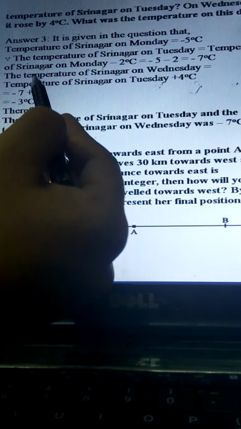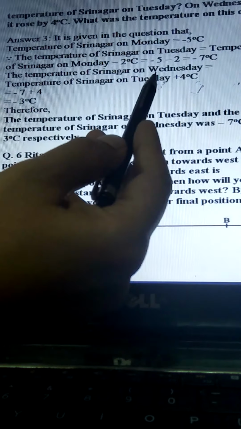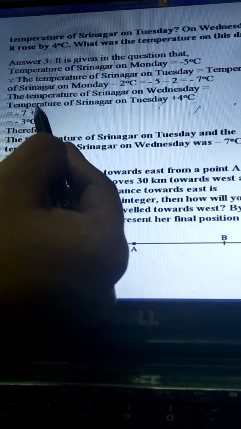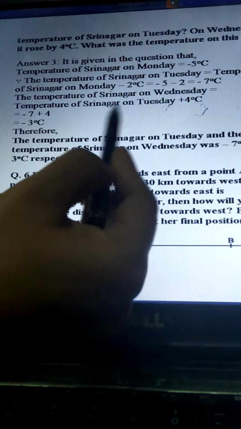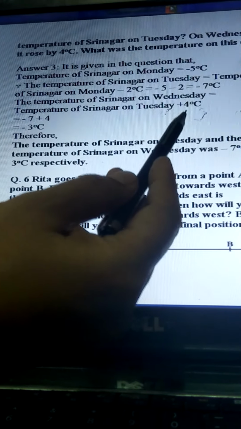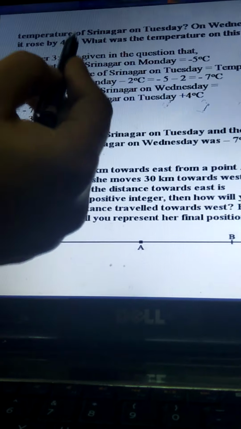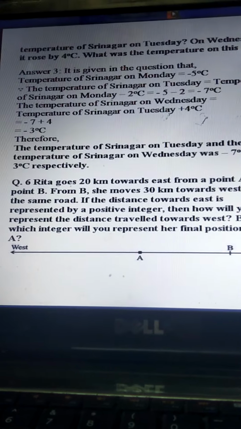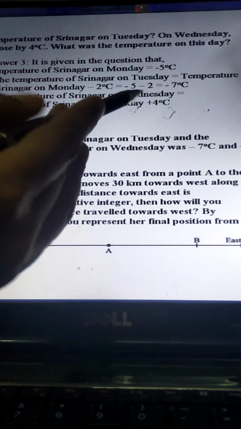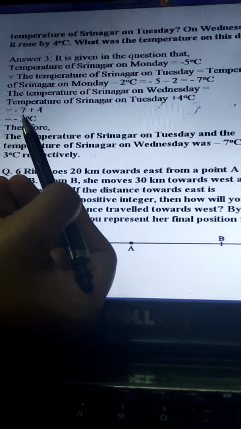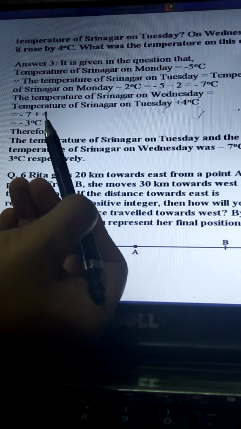Now we have to find out what was the temperature of Srinagar on Wednesday. To find this, we write the temperature of Srinagar on Tuesday first, and to this we add 4, because on Wednesday it rose. It rose means the temperature increased by 4 degrees Celsius, so we add. What was the temperature on Tuesday? It was minus 7 degrees Celsius plus 4.